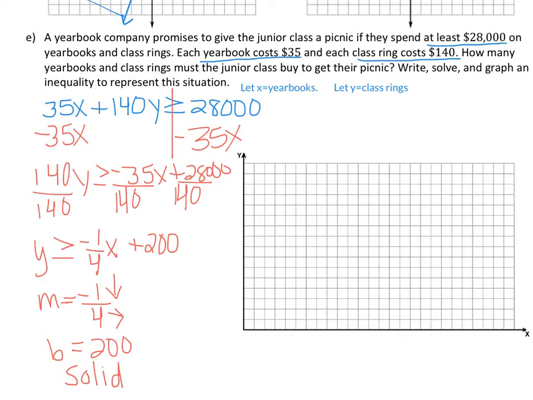Okay, well, we need labels and we need scales before we can go any further. I said let x equal yearbooks, so let's go ahead and put yearbooks as the x label. And I also said to let y equal class rings, so our y label will be class rings.